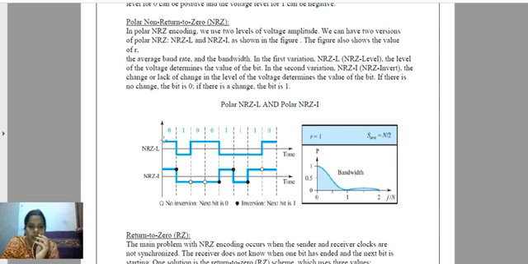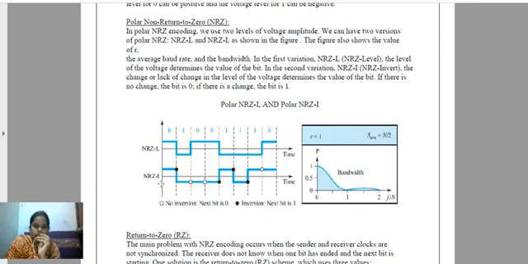Suppose we represent 0 1 0 0 1 1 0. 0 is positive voltage, so we represent it like this. Then 1 means negative voltage, 0 means positive voltage, then 1 means negative voltage, negative voltage, then positive voltage. This is the NRZ-L scheme.